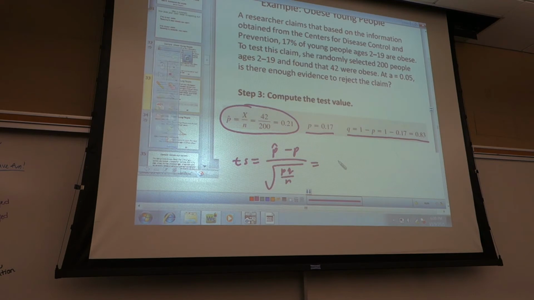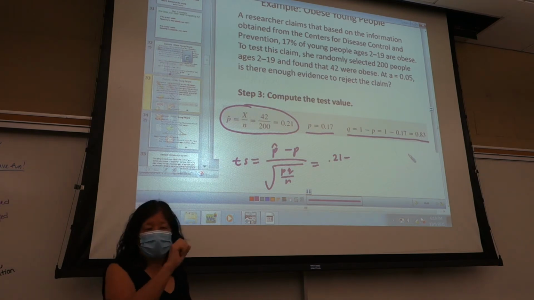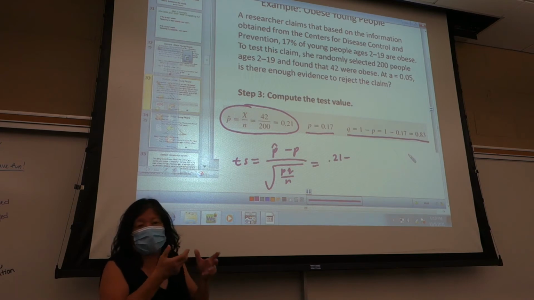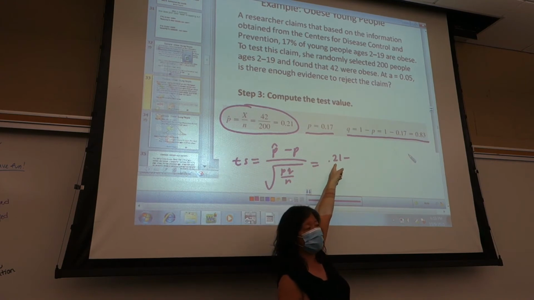Write that down so you have it for future reference in case you need it. Then let's fill this in. My p hat is 0.21. Once you start putting numbers into the formula, write them as decimals, not percentages. Some calculators will take percentages, but it's harder to put a percent symbol in there. So change it to a decimal, 0.21.